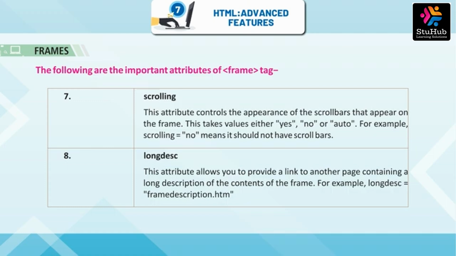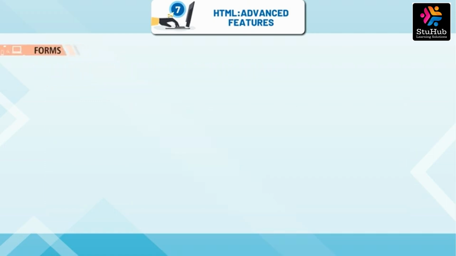For example, scrolling equals "no" means it should not have scroll bars. 8. longdesc. This attribute allows you to provide a link to another page containing a long description of the contents of the frame. For example, longdesc equals "framedescription.htm".